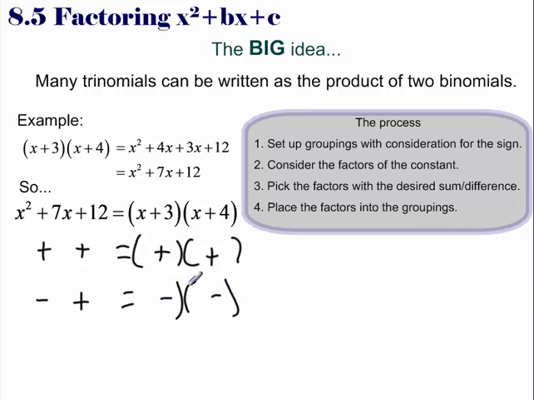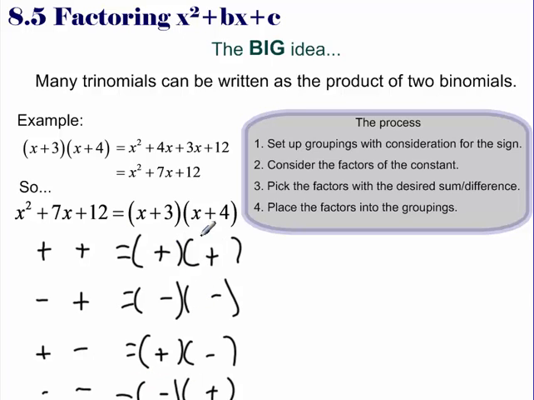If my signs are negative plus, then my groupings are going to be negative positive. And the same thing if it's negative negative, we end up with a negative and a positive for our groupings.